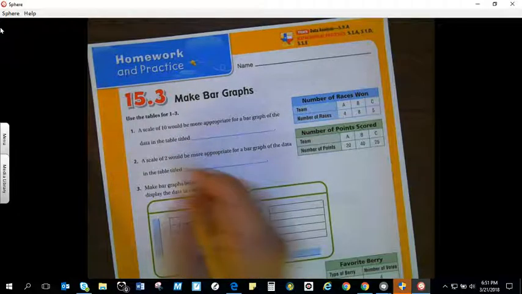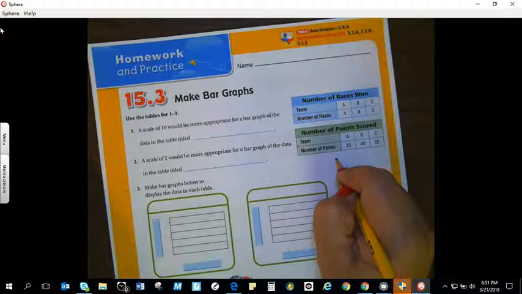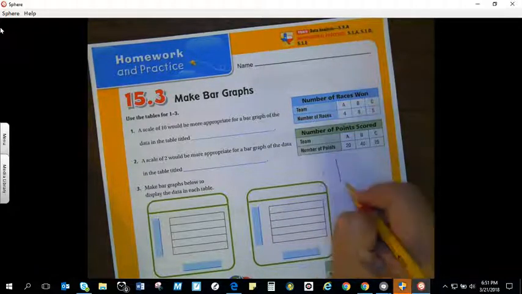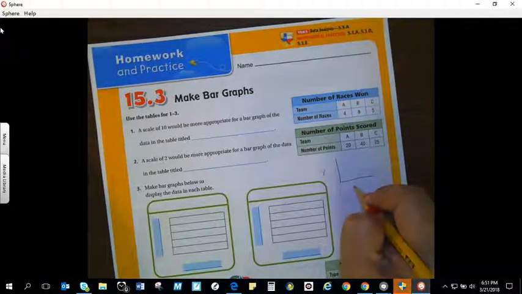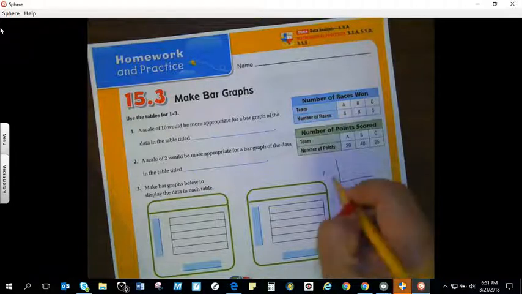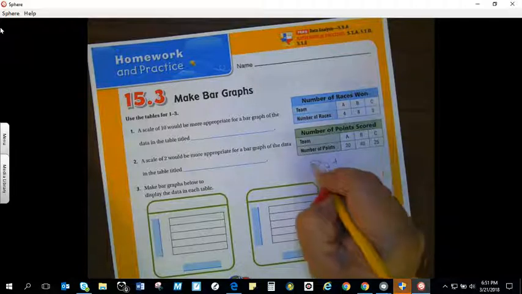Now, when we're talking about scale, we're talking about if I am going to put this in a bar graph. Here we have the y-axis and we have the x-axis, and we have the categories here and the numbers here. This is what we're referring to as the scale.